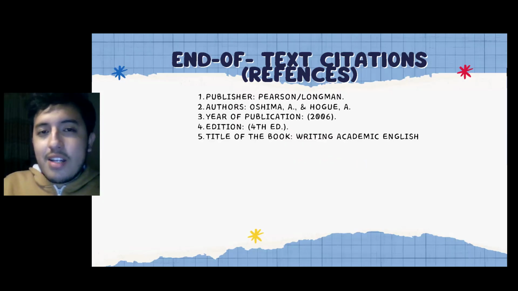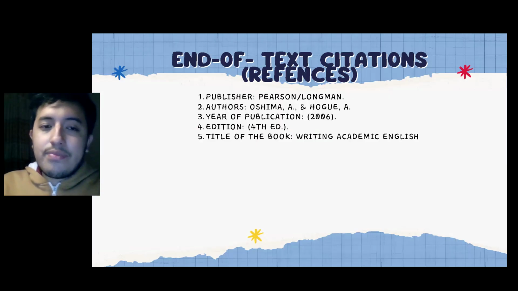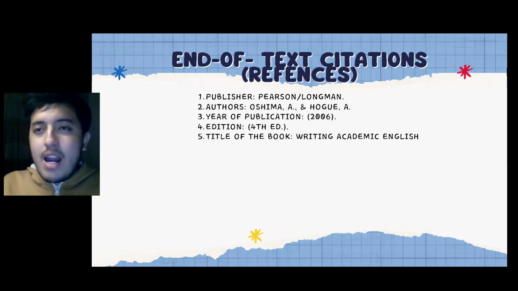This is an exercise of how we find this information in a more realistic way, because we find this information disordered in any book. We can first find the publisher, then the authors. If we found the full name of the author, we need to organize the names in this way.